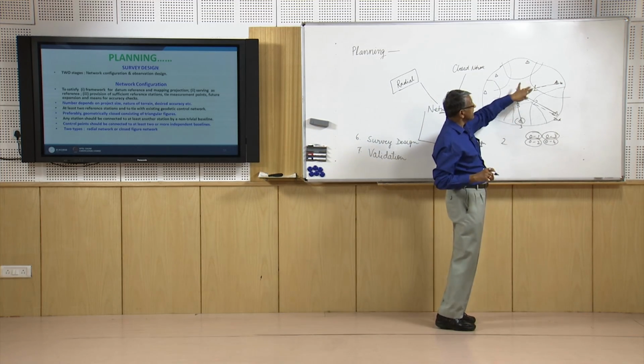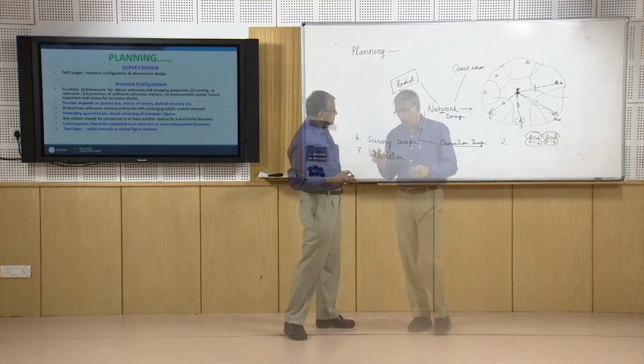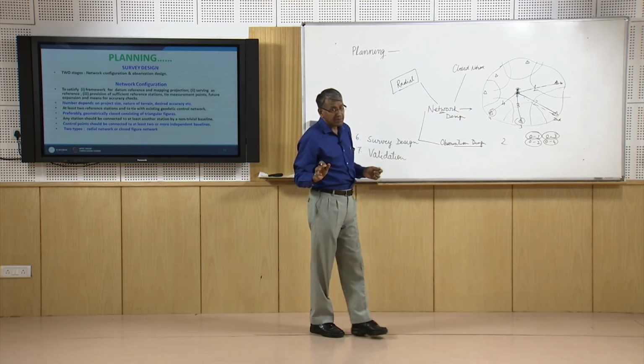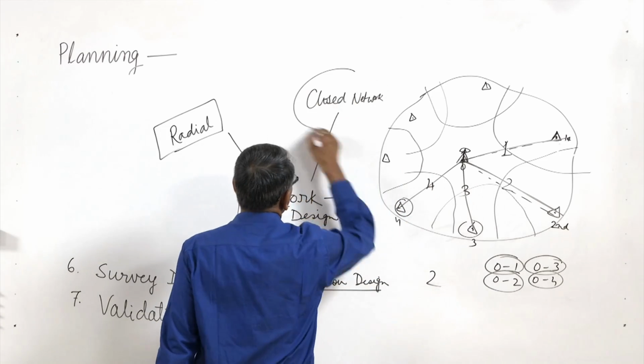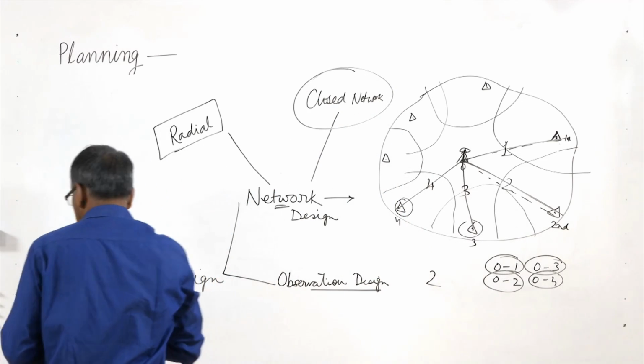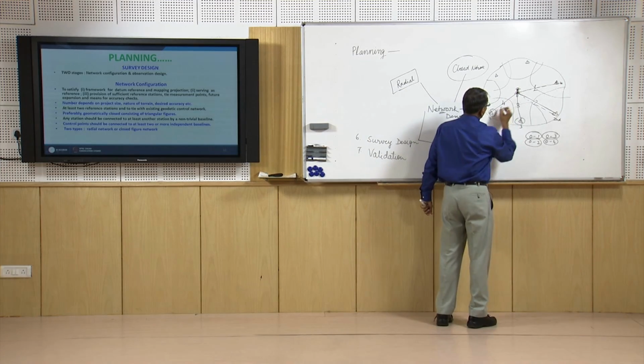For small area surveying this is a good method, but when we want to go for very accurate surveying, then instead of the radial method we go for a closed network. In that case what we will do? We will do some networking like this.